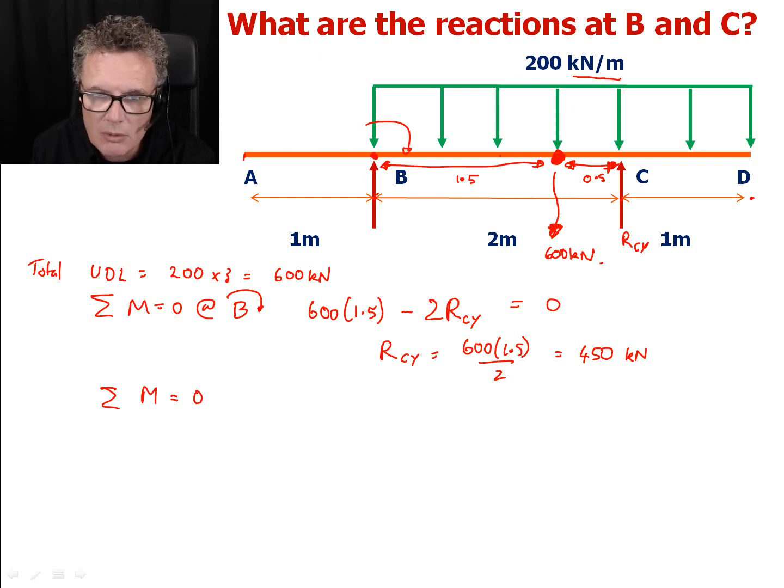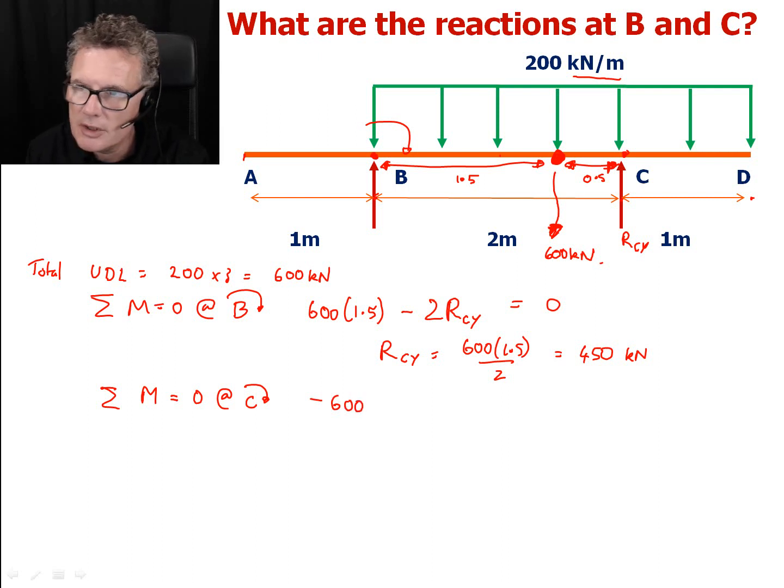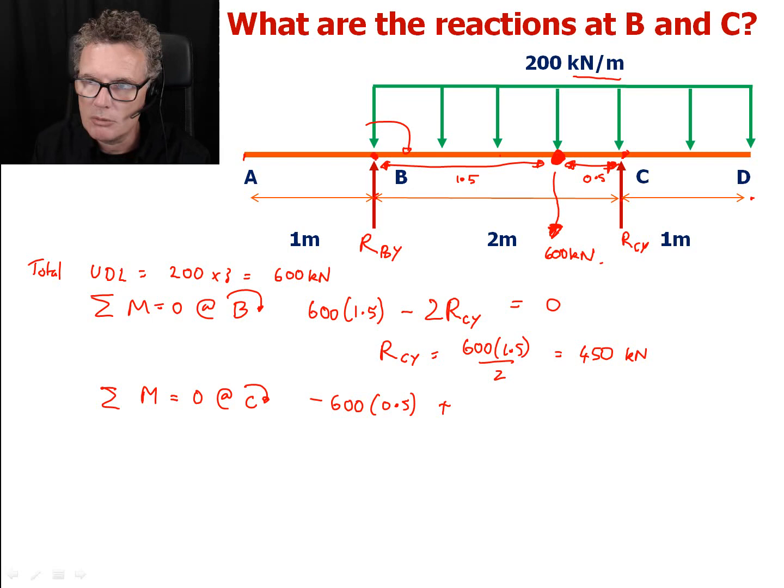So what's the summation of moments at C? We go around clockwise, so nothing's on this side. This side, if I'm taking this to be my pivot point, and it wants to go clockwise, that's going to give me a negative moment, so minus 600. Distance from here to here is a half. Then we've got the distance from here to here, and in this case our RBY will be going in the right direction, so positive moment, so plus 2 RBY equals 0.